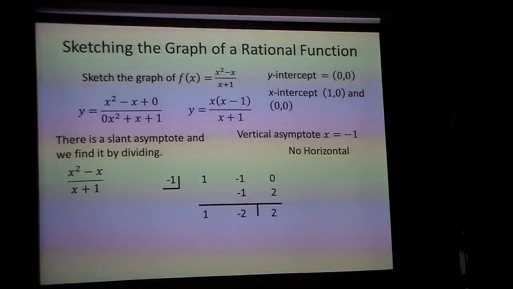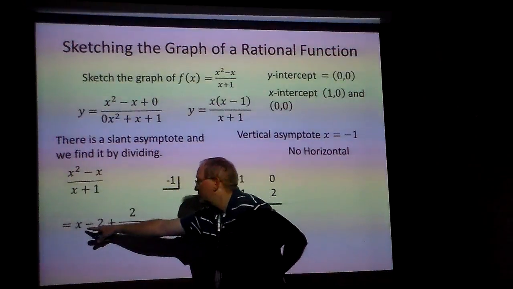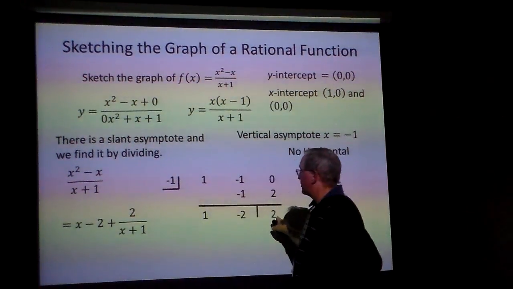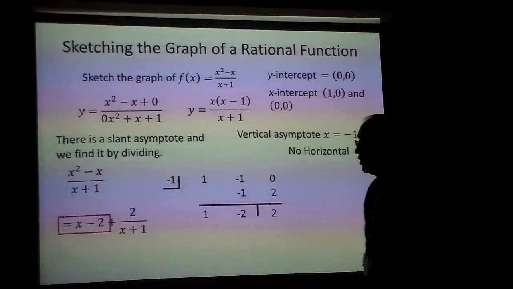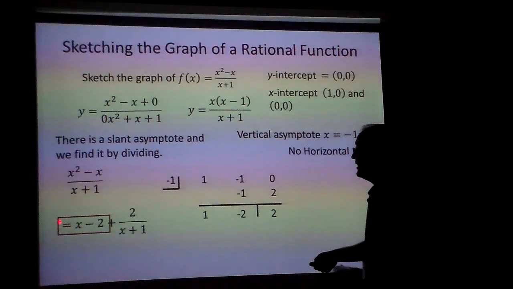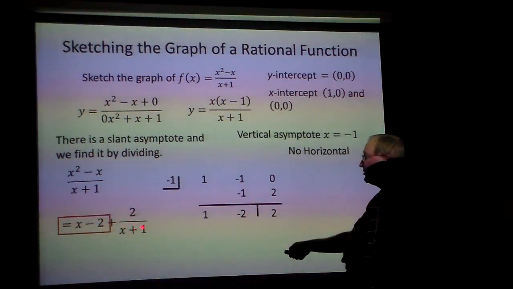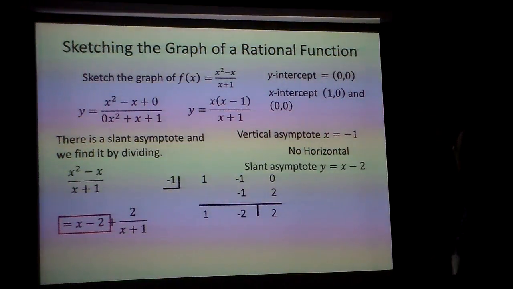So what does this factor to? If you divide this, you get, remember this is 1x minus 2, and you have a remainder of 2 over x plus 1. The slant asymptote occurs at y equals x minus 2. I get to ignore the remainder, but the slant asymptote occurs here at y equals x minus 2.